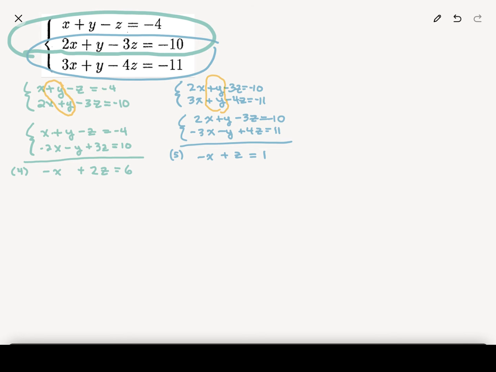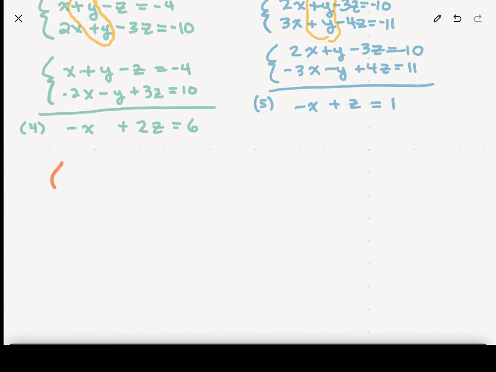Now we need to put equations 4 and 5 together. I now have the system -x plus 2z equals 6, and negative x plus z equals 1.